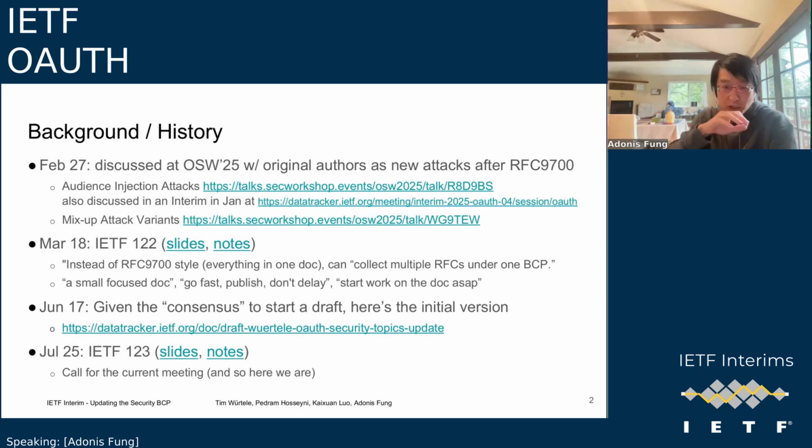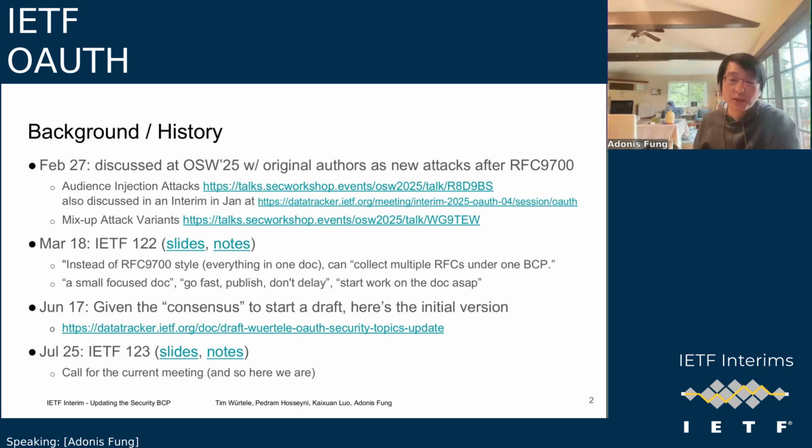The consensus roughly back then was, let's start a new draft. We are not going to overload RFC 9700 and make it forever lasting there without publishing. So 9700 was published, and we probably want to start a new doc. And then we are proposing to use this new topic, updating security BCP.